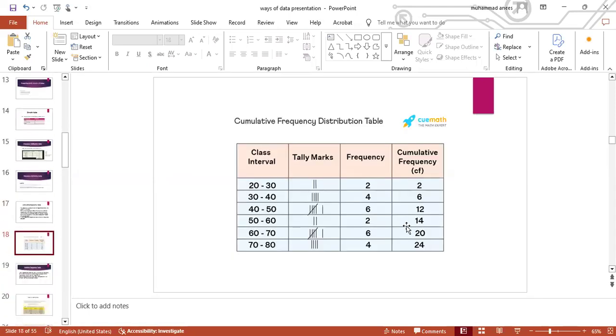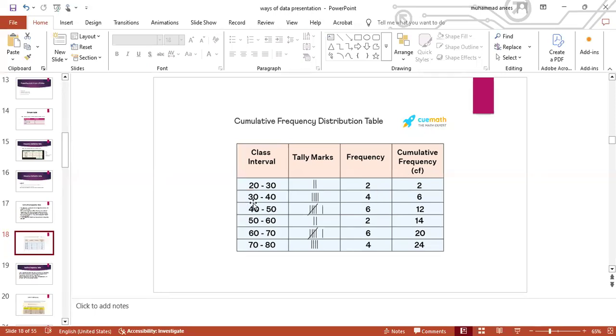So this is an example of a cumulative frequency distribution table. We see that it has a class interval column, tally marks, and frequency. Another additional cumulative frequency column is here. What we do is we add the value present in the upper row to that of the lower ones. In the case of 20 to 30, we see the cumulative frequency remains 2, which is similar to the frequency.